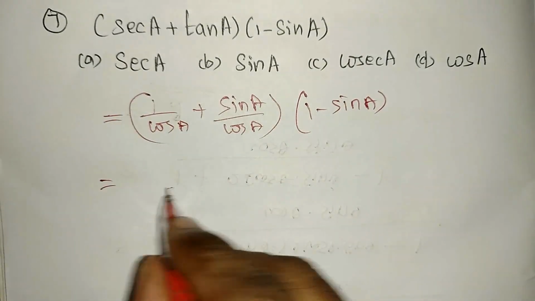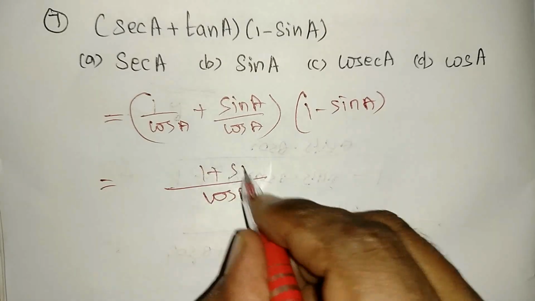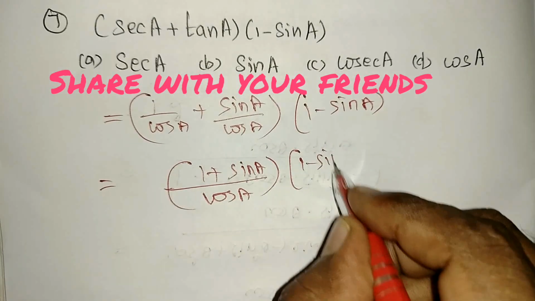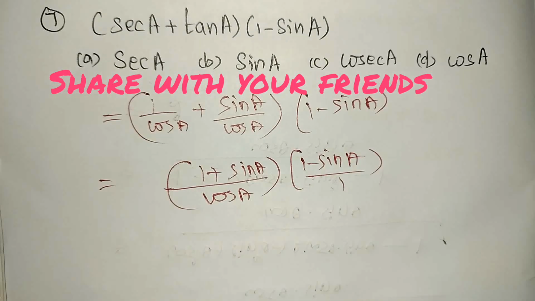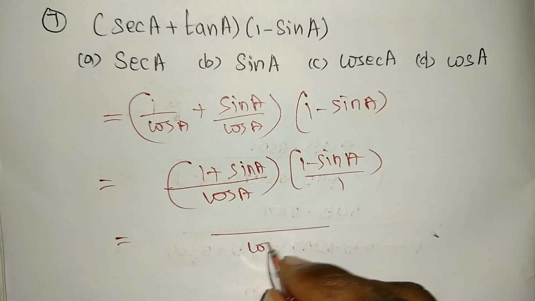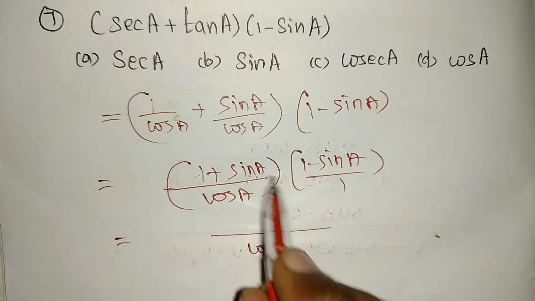Now see, the denominator we have the same, that is cos A, and in the numerator you will get 1 plus sin A. Here we have 1 minus sin A, but the denominator for this is nothing, so 1 like that. So cos A into 1 you will get cos A. See the numerator, 1 plus sin, 1 minus sin.